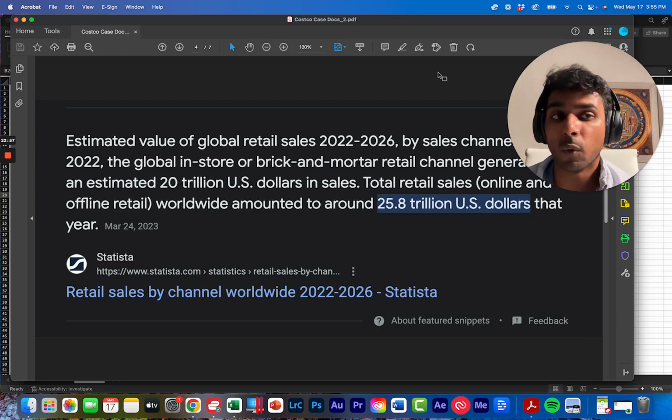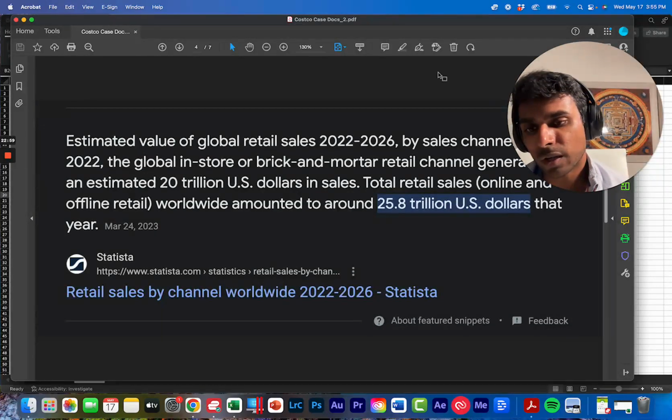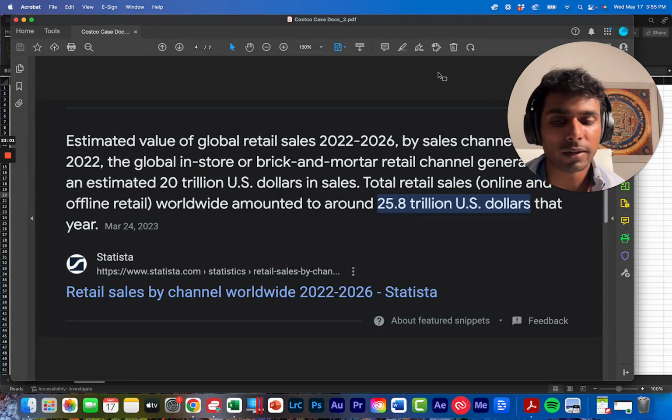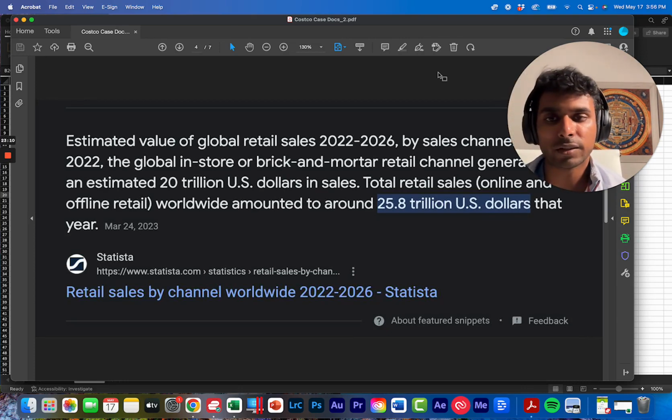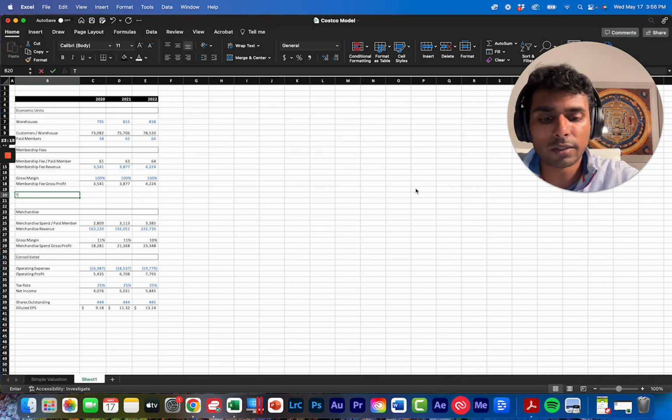You can go even more detailed and say there are areas even within the United States that Costco will never get to, that market will never be addressable. So there are a lot of ways to make this more detailed. But for now, we're just going to run with this $25.8 trillion of TAM. Let's call this the global TAM.